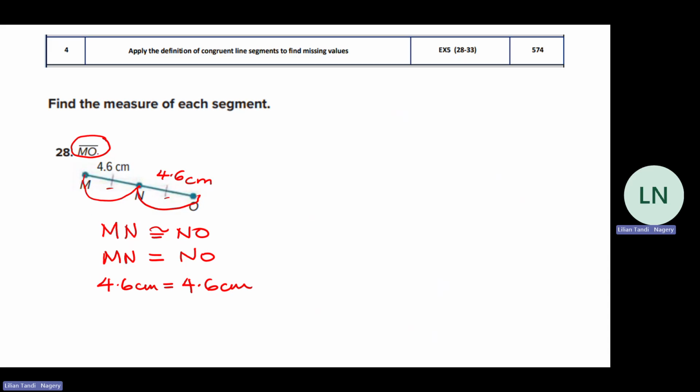But the question wants MO. So MO is big. Okay? So I'm going to remember my formula. Big equals small 1 plus small 2. Who is my big? MO. MO equals MN plus NO. MO is who? I don't know, because that's what I need to find out.